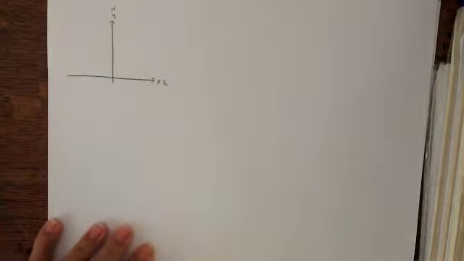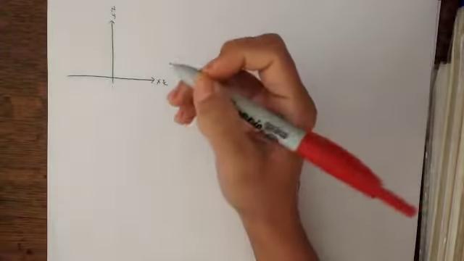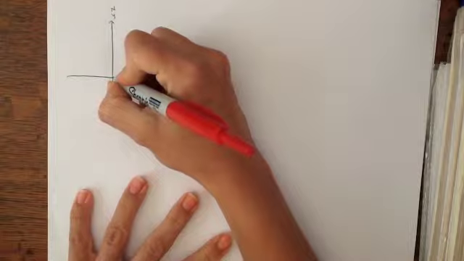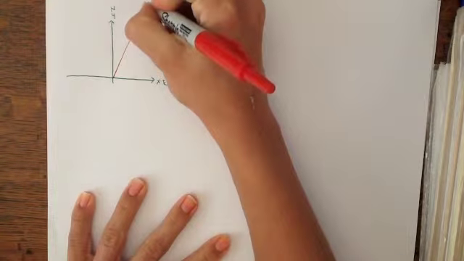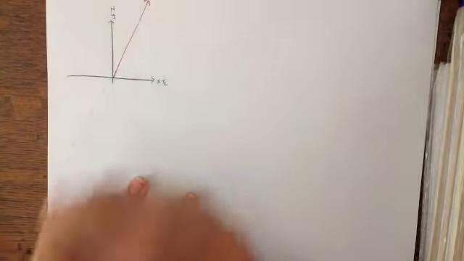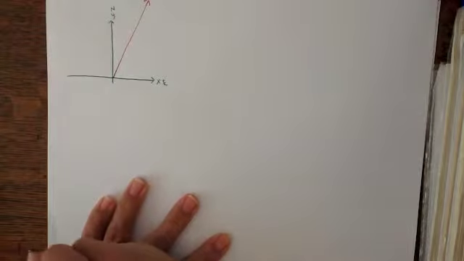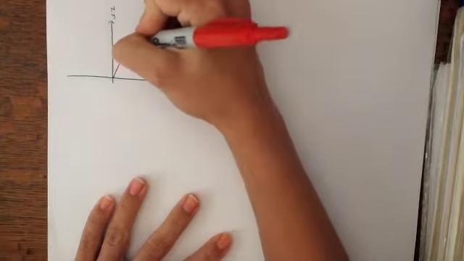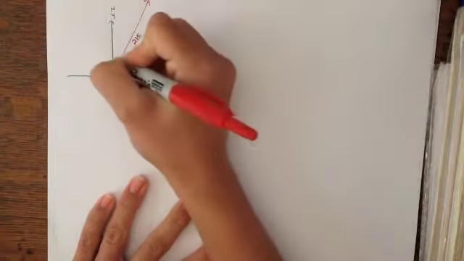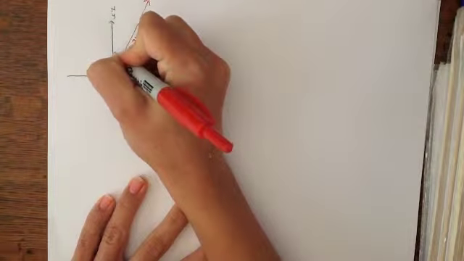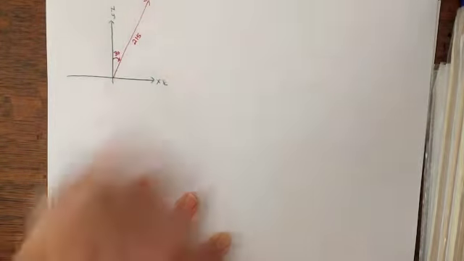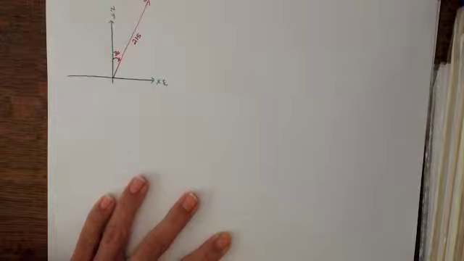So this vector has a size of 215 miles per hour, and it's rotated 30 degrees from due north.